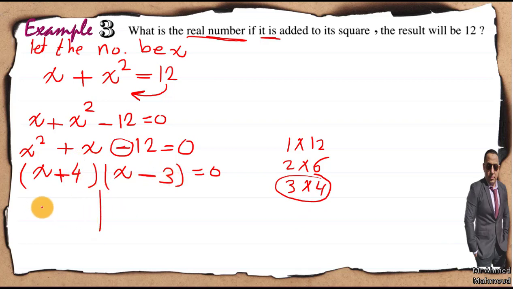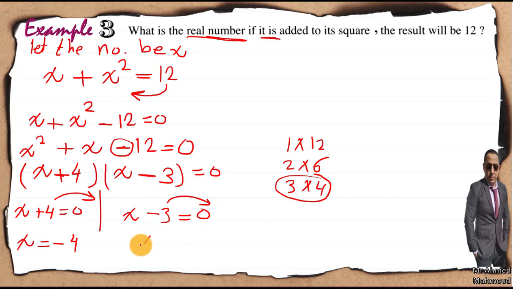So I'm going to separate the numbers. x plus 4 equals 0 and x minus 3 equals 0. Send 4 to the right side, so x equals negative 4. Send 3 to the right side, so x equals positive 3. Here I have a real number.